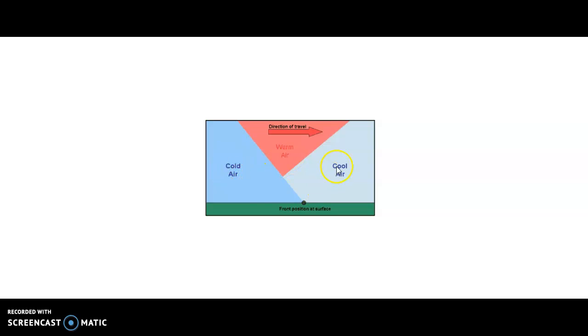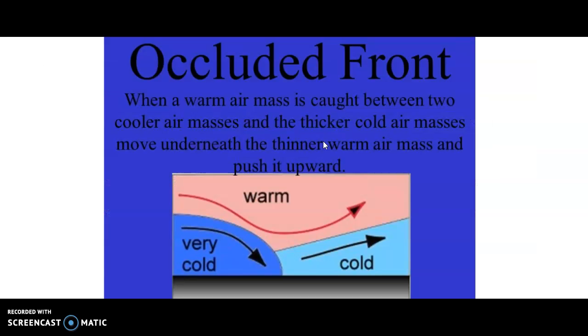Because cold air is coming from both sides and underneath, it pushes the warmer air up and makes it travel. So that's what we call an occluded front, when we have two or three air masses. We have very cool air and warm air, and the warm air is being pushed upwards. That is the occluded front.